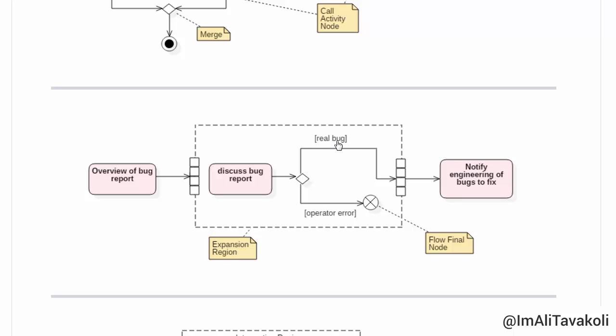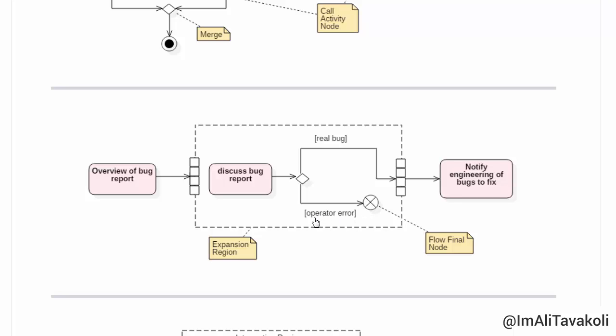If it's a real bug, then we will go to here. If it's not and is an operator error, then we will come to a flow final node. As we have explained, the flow final node is only going to end the path of the decision or a fork, and is not going to end our whole activity process.